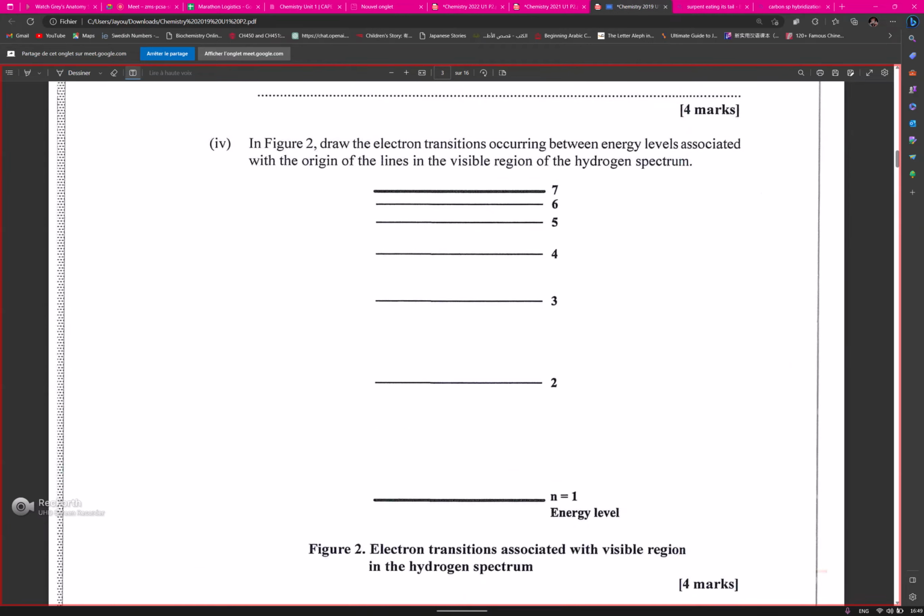Alright, so the answers are there. Let's look at this. Draw the electron transitions occurring between energy levels associated with the origin of the lines in the visible region of the hydrogen spectrum. What will be the answer?